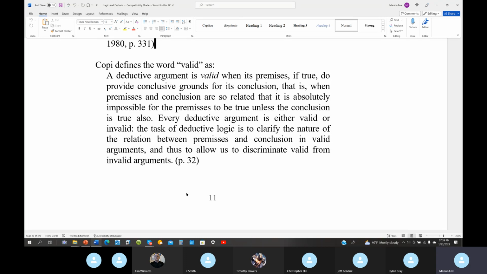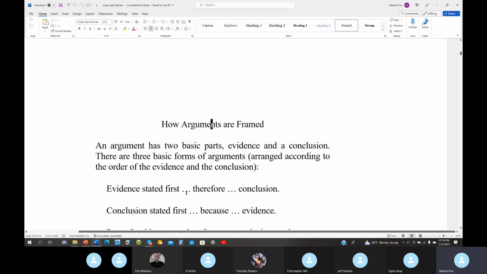Remember, Hurley told us the first thing you do is see if it's valid or invalid, because if it's invalid, it's worthless. And then you look at the truthfulness of the premises, the claims, to see if they're factual. Now, a person had to be alive to kill President Kennedy.